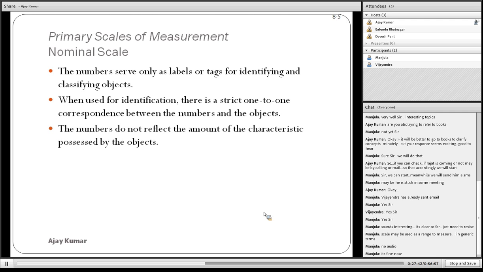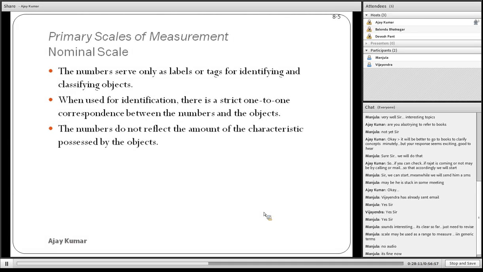So we assign a serial number. Essentially how we do is we assign serial number to the respondents that are actually responding to our questionnaire or our questions. Alright, but the important point worth mentioning here, because of which nominal scale has a basic flaw in it, is that these numbers do not reflect the characteristics possessed by the objects.